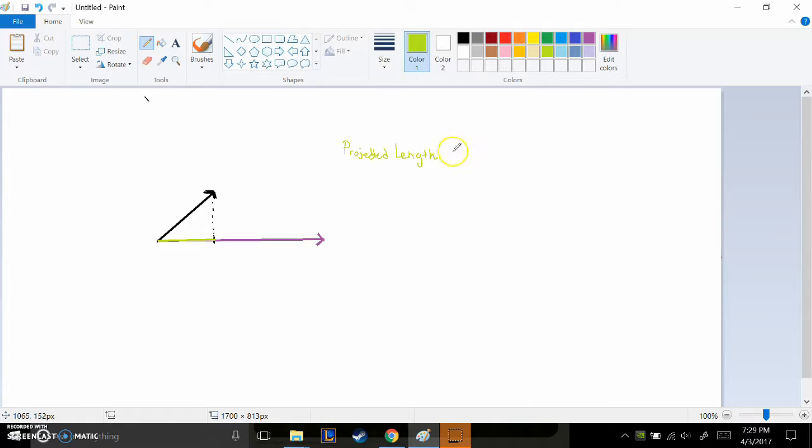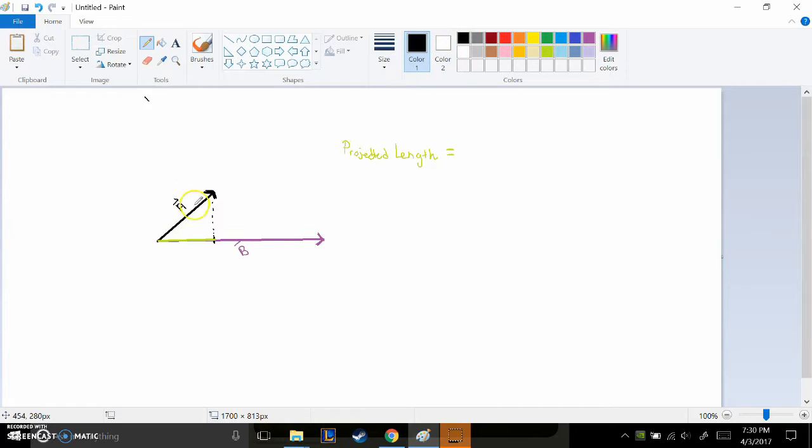So we know it's going to have, if we're projecting just this vector, and we give it a magnitude, I'll call this one A, and call this one B again, just the magnitude.